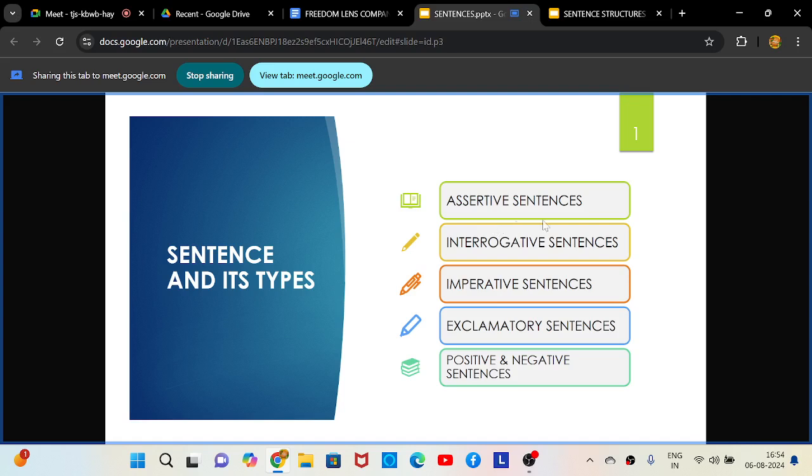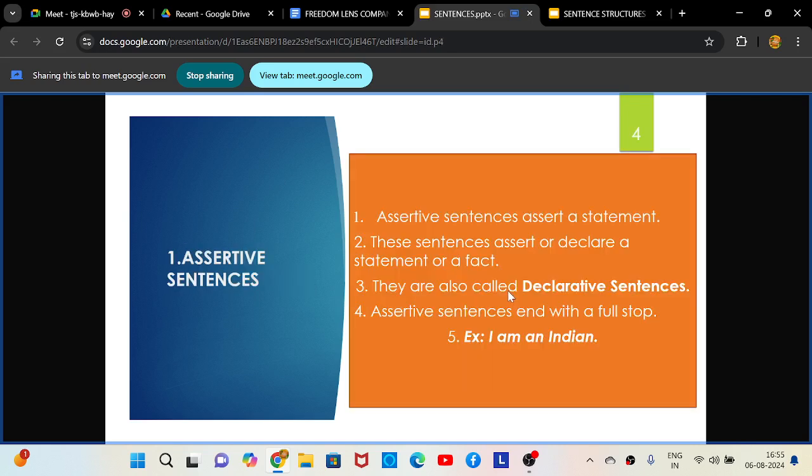I repeat: assertive sentences, interrogative sentences, imperative sentences, exclamatory sentences, and positive and negative sentences. Today we will be discussing one by one what is meant by assertive, interrogative, imperative, exclamatory, and finally we will touch positive and negative sentences.